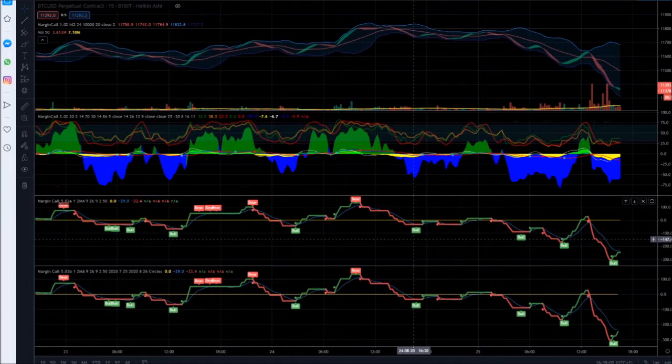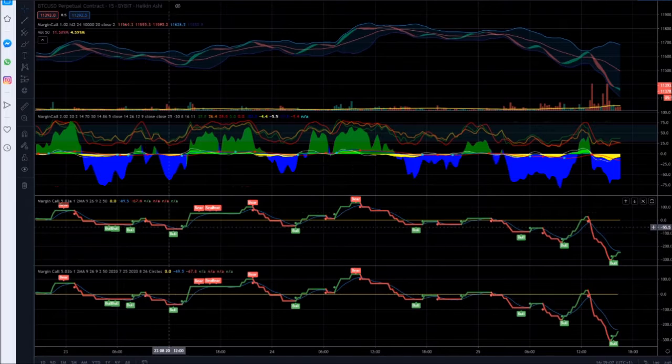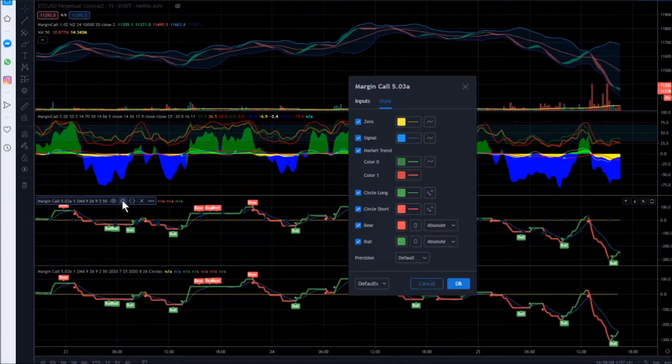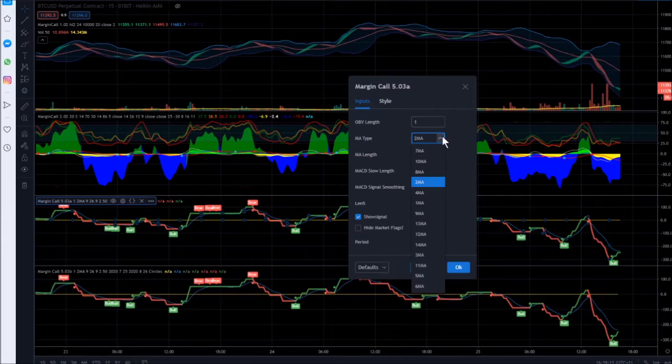You will build your own settings for this because there are so many for so many different coins. In the inputs, you have 14 different market attitudes, basically. They're not moving averages because the moving average is there.